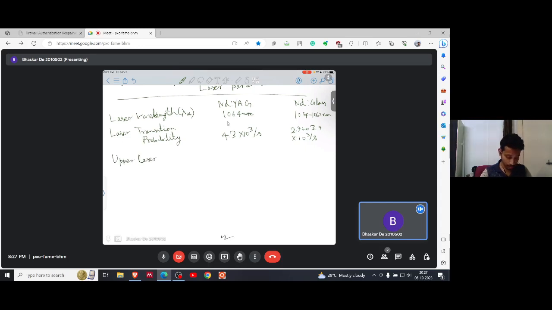Upper laser level lifetime is 230 microsecond. Here it is 290 to 340 microsecond.